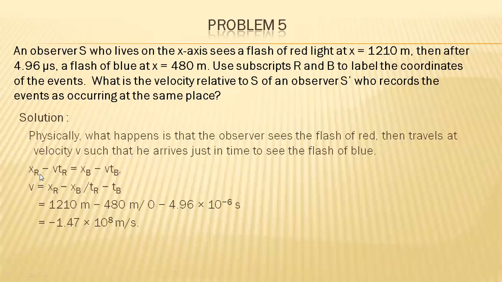Therefore, x_r - v t_r = x_b - v t_b. Therefore, v = (x_r - x_b) / (t_r - t_b). Here x_r is 1210 minus x_b is 480, divided by 0 minus 4.96 × 10^-6 second, given as 4.96 microsecond.